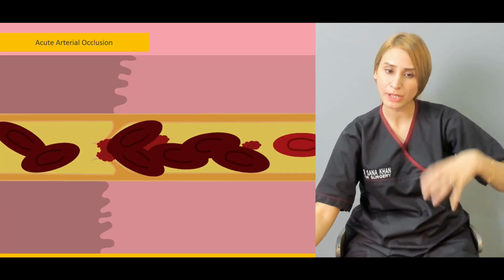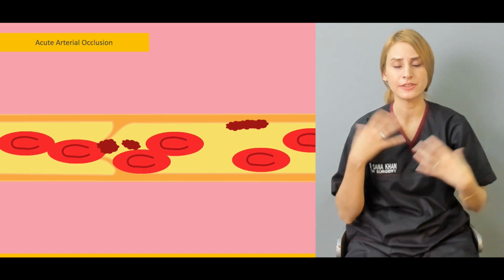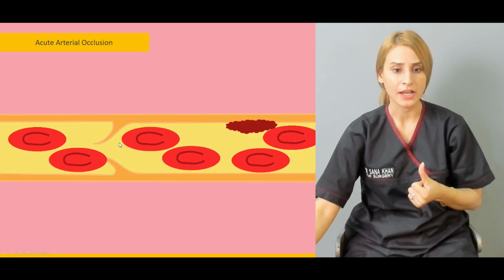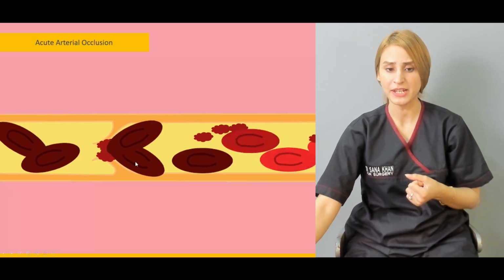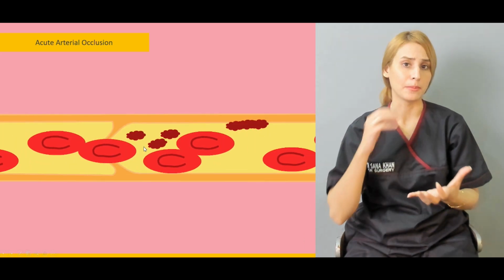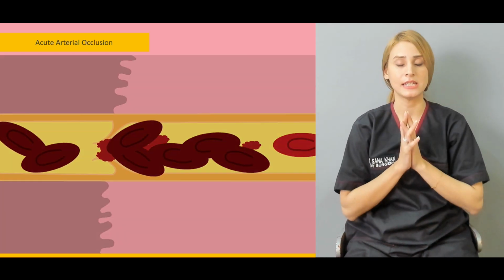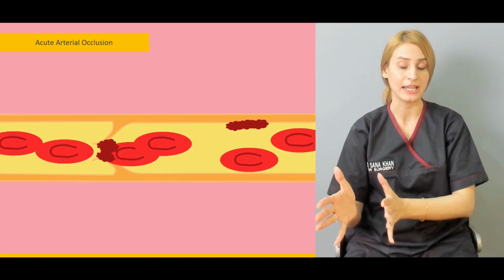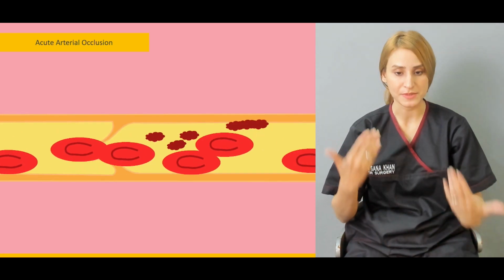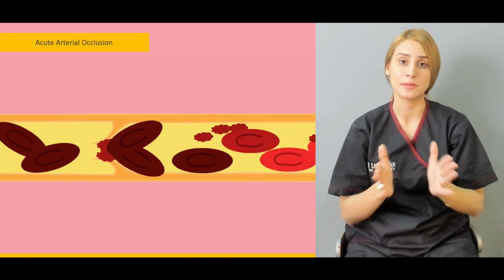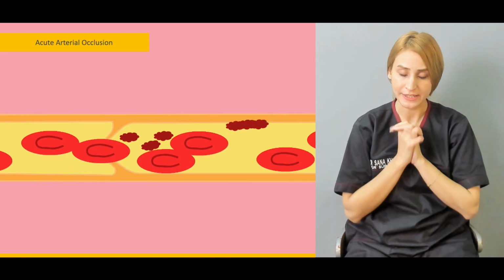The platelets get adhered to these atheromas, and ultimately they form the thrombi, as you can see in the picture. These thrombi block the vessel, and because of that there's compromise in the blood supply, and ultimately the patient develops ischemia, necrosis, hypoxia, and it ends up in occlusion and gangrene.